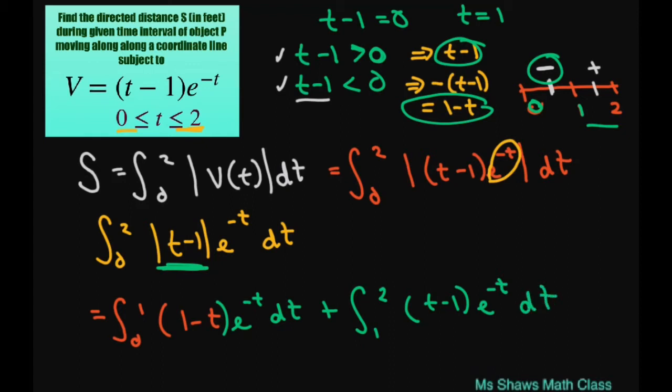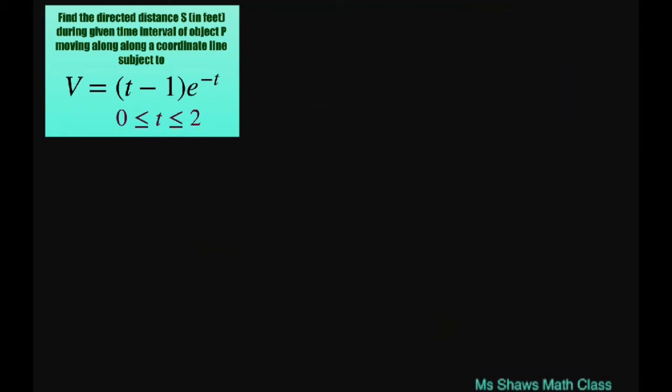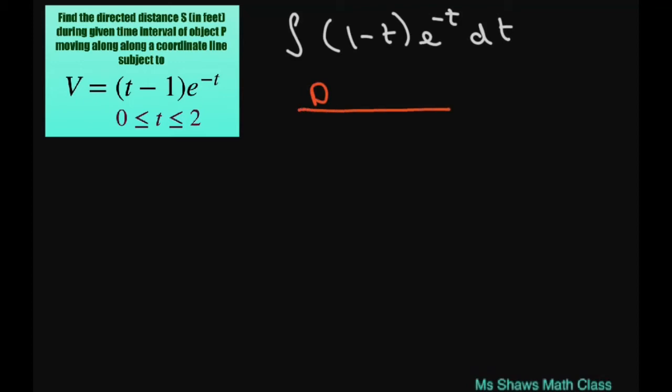Normally you would use integration by parts, but for the integral of 1 minus t times e to the power of negative t dt, I can use the tabular method, also known as the shortcut. I'm going to take the derivative of my linear term and integrate my exponential term.